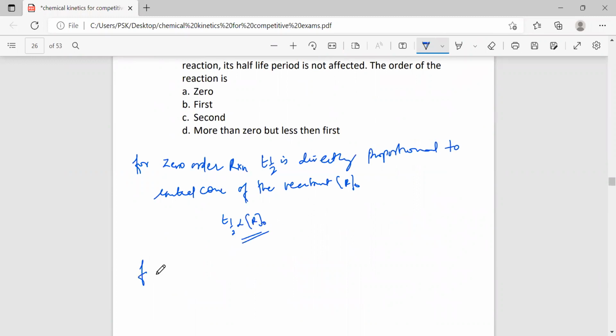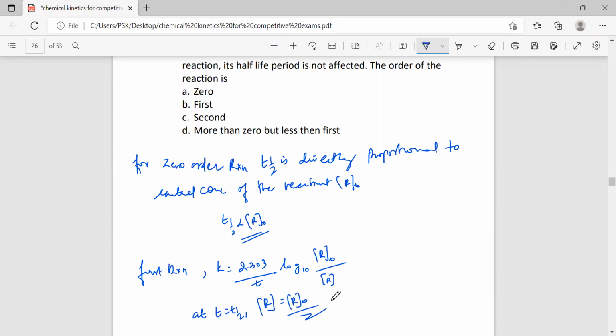But for a first order reaction, we know that K is equal to 2.303 by T log to the base 10 of R naught by R, initial concentration by concentration after some time T. We know that at time T is equal to T half, R becomes equal to R naught by 2, initial concentration by 2.